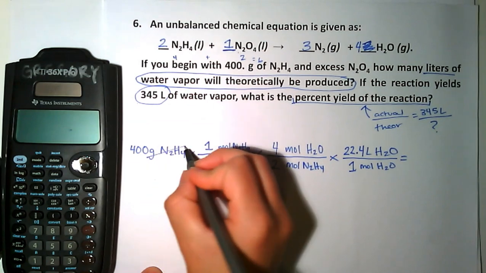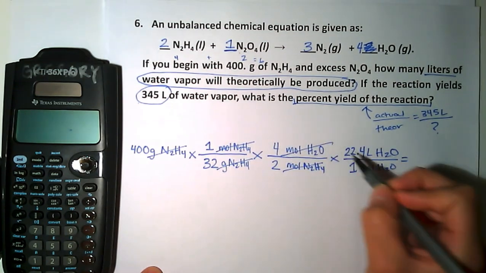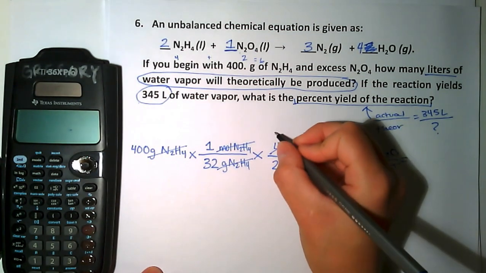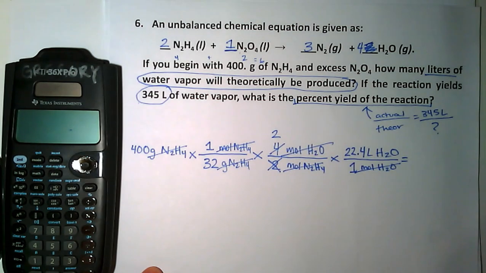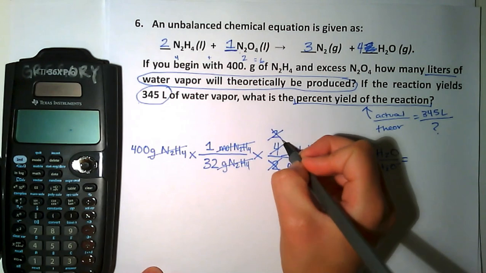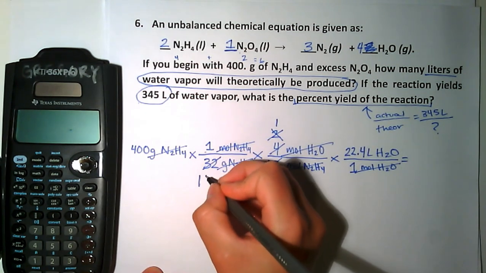We can go ahead and cancel some units: grams of N2H4, moles of N2H4, moles of H2O, and then last this 4 can cross out and become a 2 and cancel this 2 at the bottom. And then we can also reduce this 2 to a 1, and this can be divided by 2, so this would be 16.